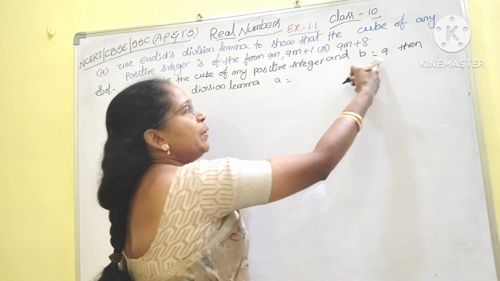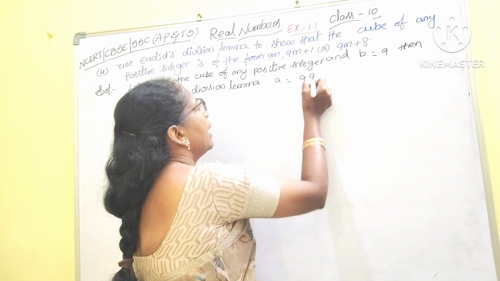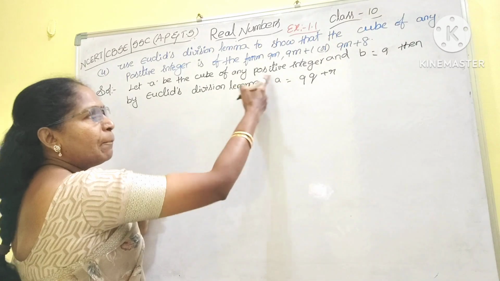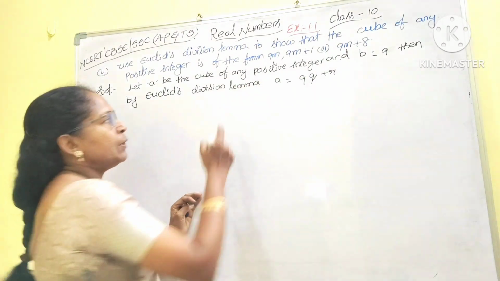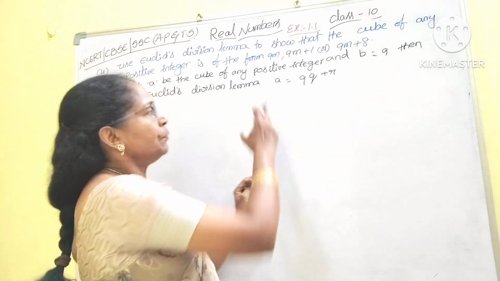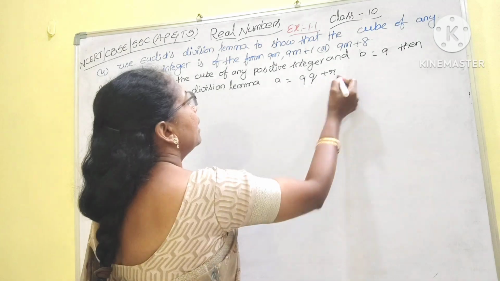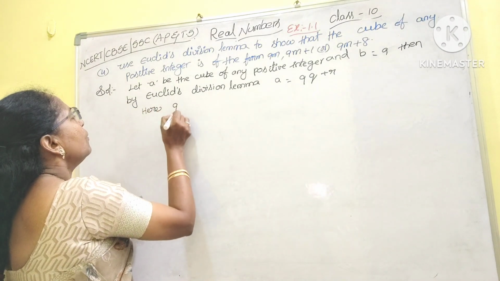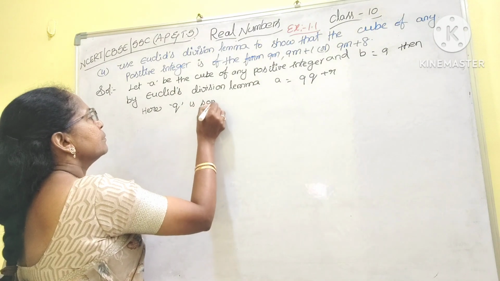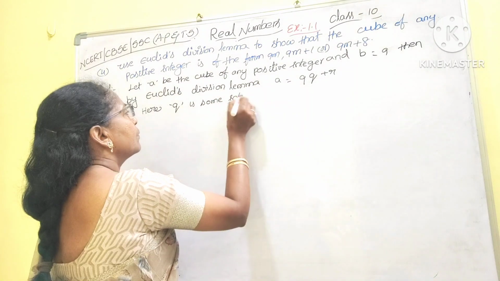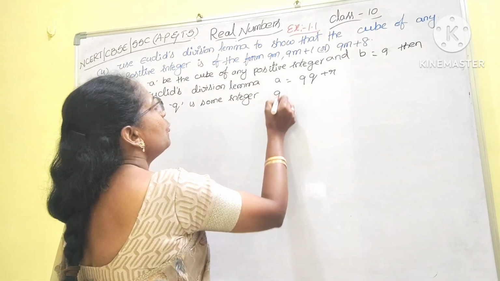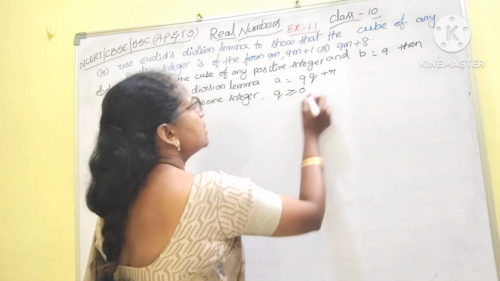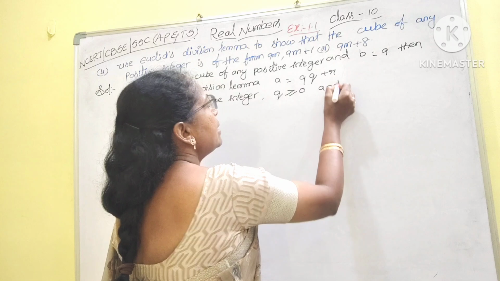So A equals 9Q plus R, where B equals 9. Now here Q is some integer, and Q is always greater than or equal to 0, and R is the remainder value.